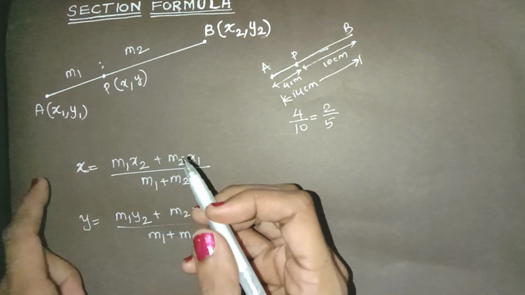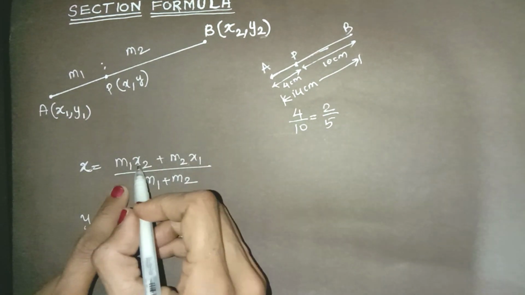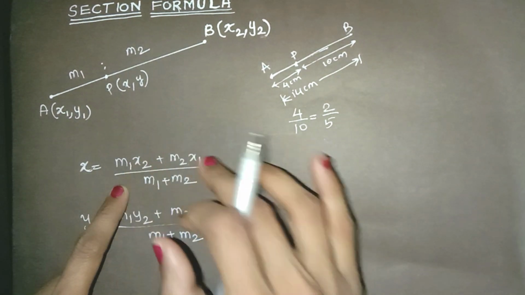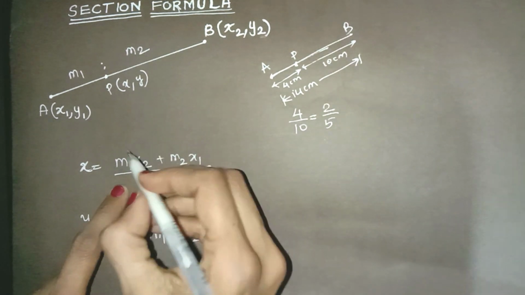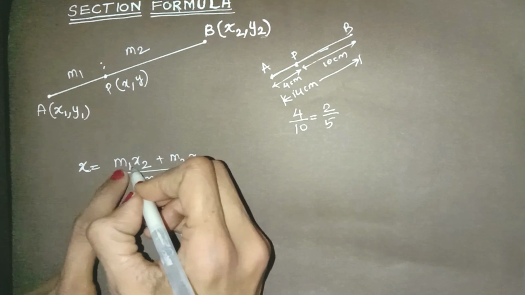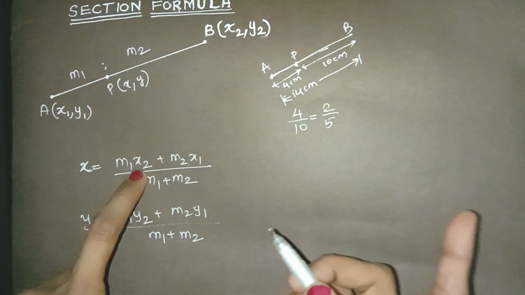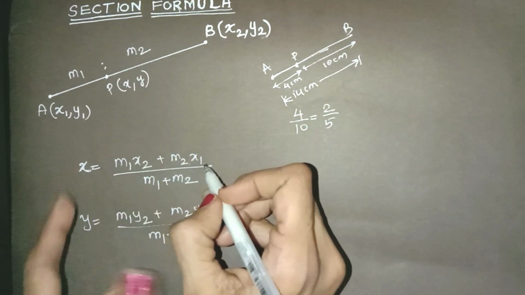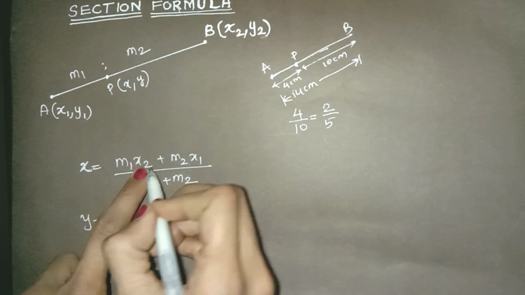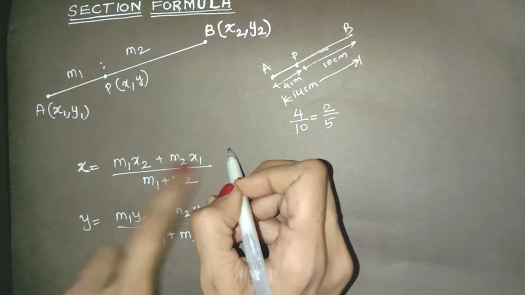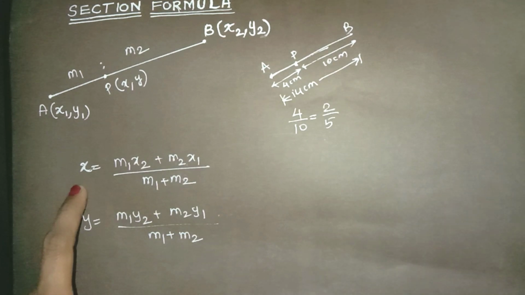Okay, so just remember for the x coordinate you will have only the x coordinates x1 and x2. You will not have y1 and y2. So that is one thing you can keep in mind. And wherever you have m1 you have to combine it with x2. Okay, and wherever you have m2 you combine it with x1. So see here, m1 then immediately x2 comes plus m2 x1, and denominator is always m1 plus m2.